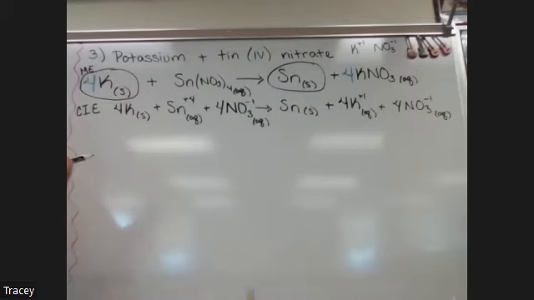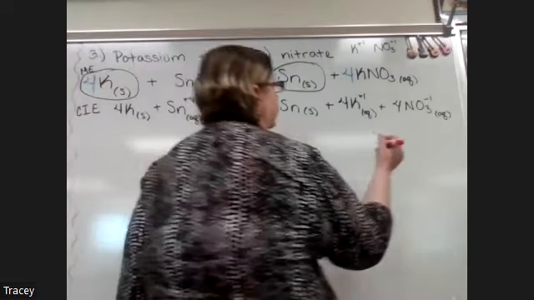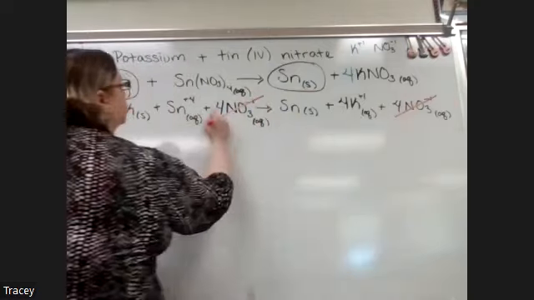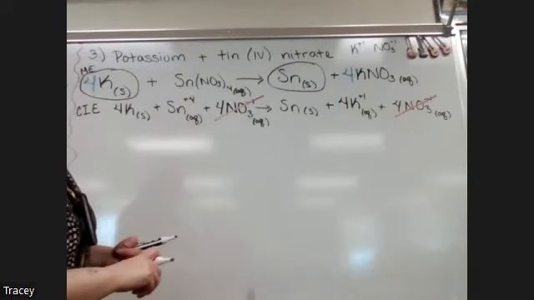If you get everything to cancel out in the single replacement reaction, there's something wrong. But with metal replacement, it's the anion that gets canceled out. It's the anion that's the spectator. So the anion in this reaction is the 4 NO3 -1.